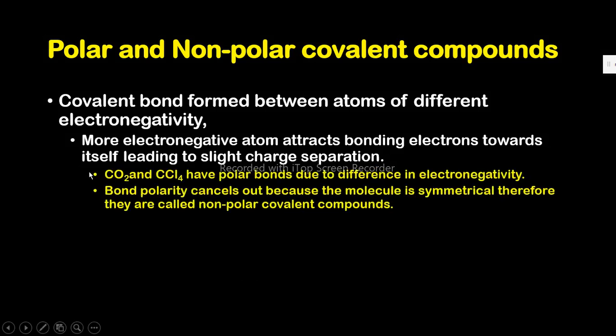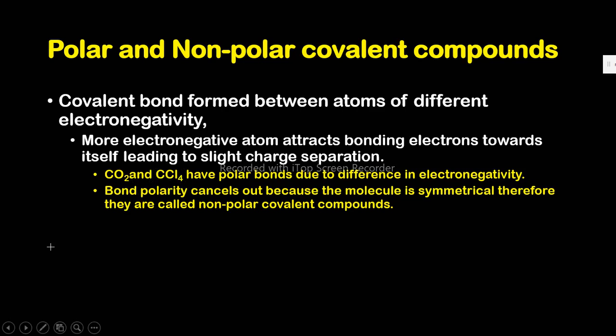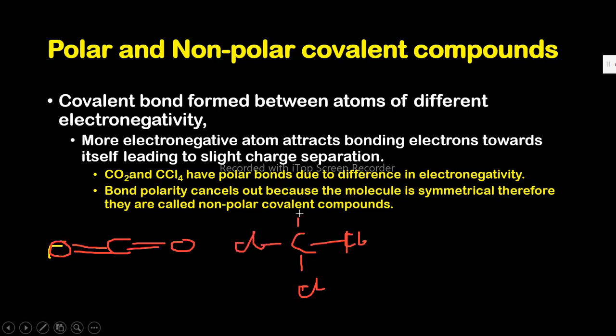So for instance, carbon dioxide and tetrachloromethane. Let's have this. For example, you may have your carbon dioxide, which is O=C=O, and then you have tetrachloromethane, which is like this: you have the Cl here, the Cl here, the Cl here, and the Cl here.